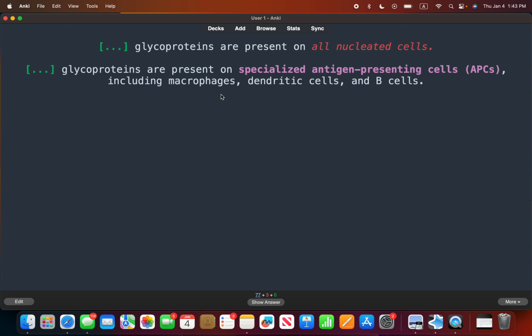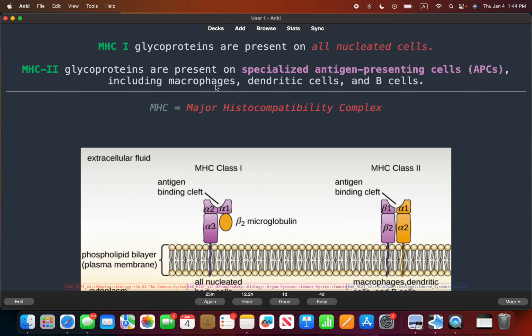Glycoproteins are present on all nucleated cells. Glycoproteins are also present on specialized antigen presenting cells, APCs, including macrophages, dendritic cells, and B cells. So I believe MHC2 is the second one, and MHC1 is present on all nucleated cells. That is right.